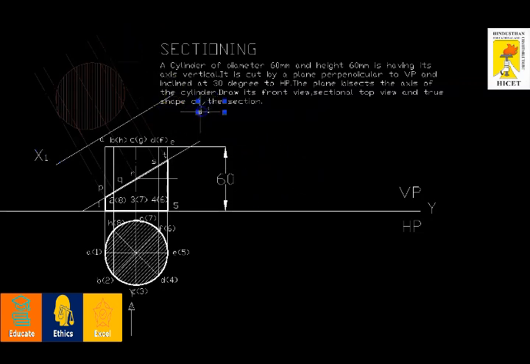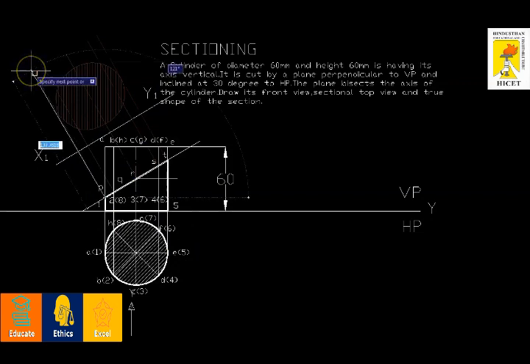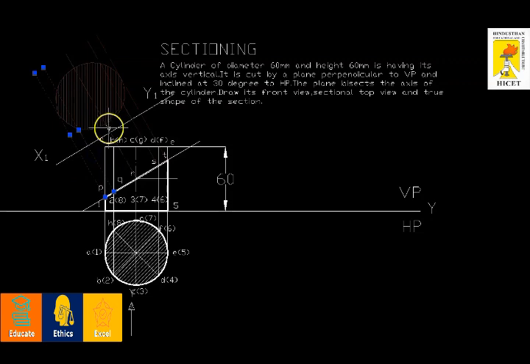See, I've made it in this way, x1 and y1. Then I'm going to project these cutting points vertically upward, like this. I'm going to project all the cutting points like this.